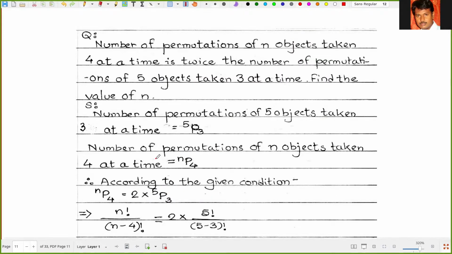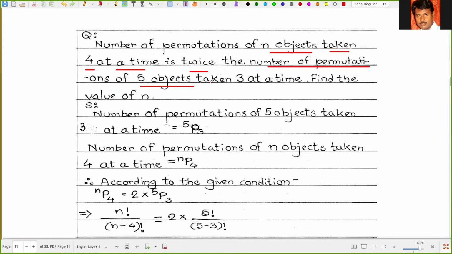Now suppose the next question. The number of permutations of n objects taken 4 at a time is twice the number of permutations of 5 objects taken 3 at a time. Find the value of n. Now here the number of permutations of 5 objects taken 3 at a time means 5P3, where n is equal to 5 and r is equal to 3.